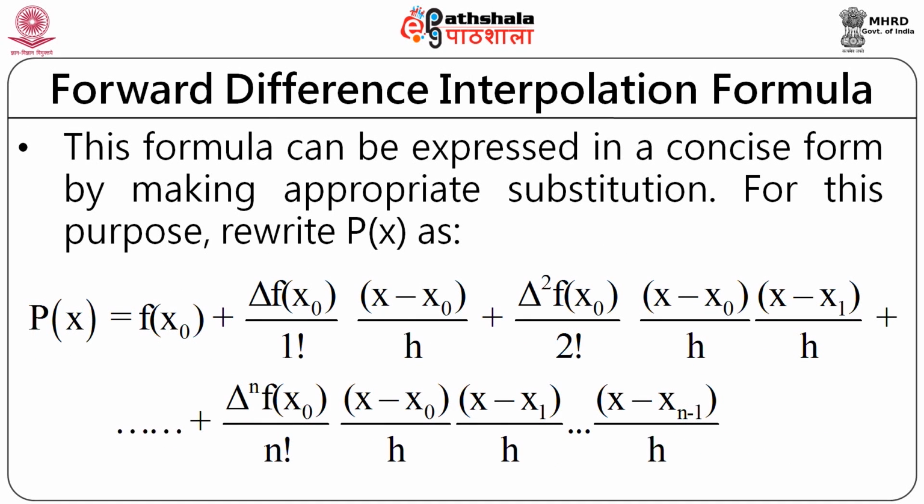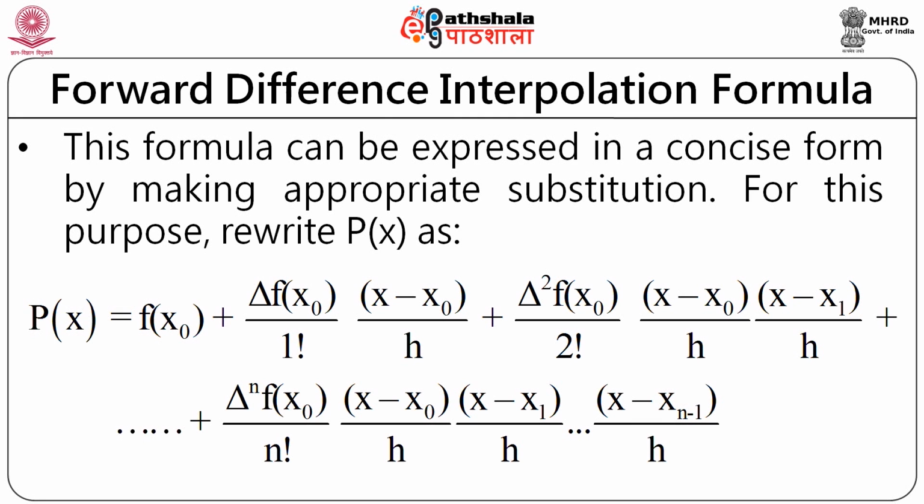This formula can now also be expressed in a concise form by making an appropriate substitution. So, we will be making a substitution for these kinds of ratios here. I am expressing this forward difference interpolation formula in a specific form. So, p x equal to f x 0 plus del f x 0 upon 1 factorial.